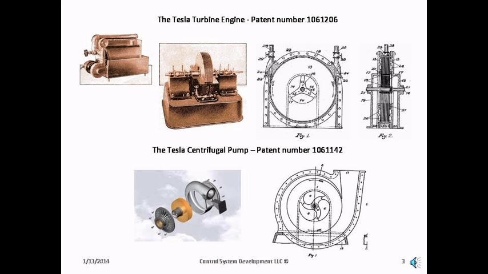The Tesla turbines are simple, powerful, and scalable due to the lack of complicating internal components. If you take a look at the simplified schematics on the right-hand side of both the top and the bottom row, you will notice how narrow the engine is, and the pump is also narrow in that fashion.